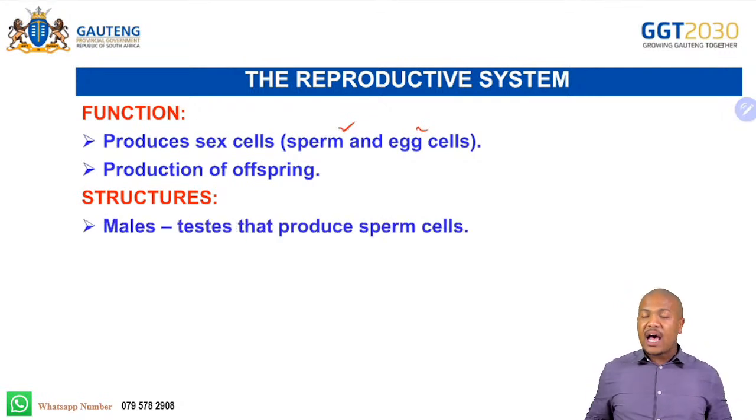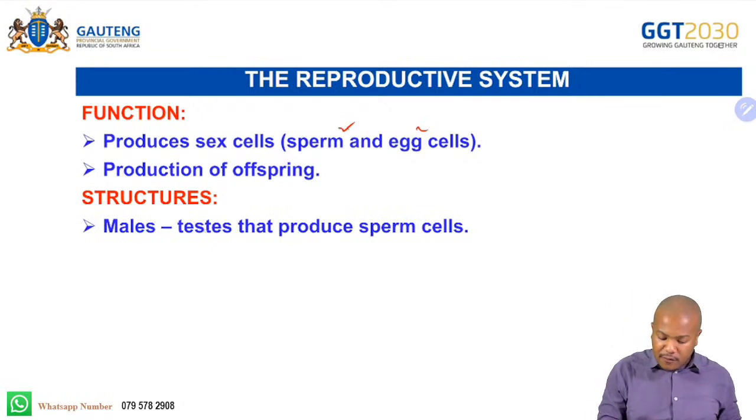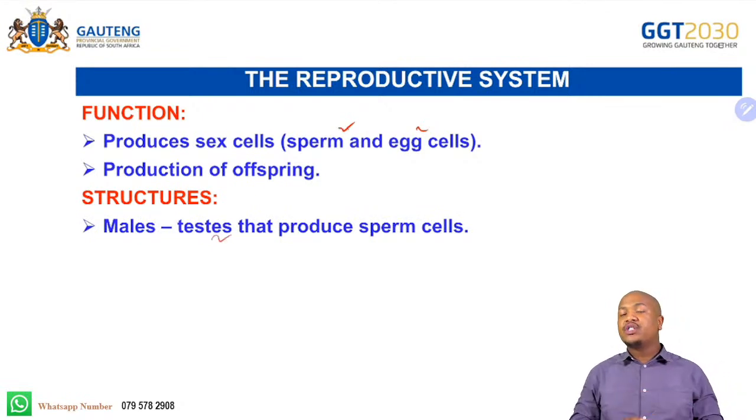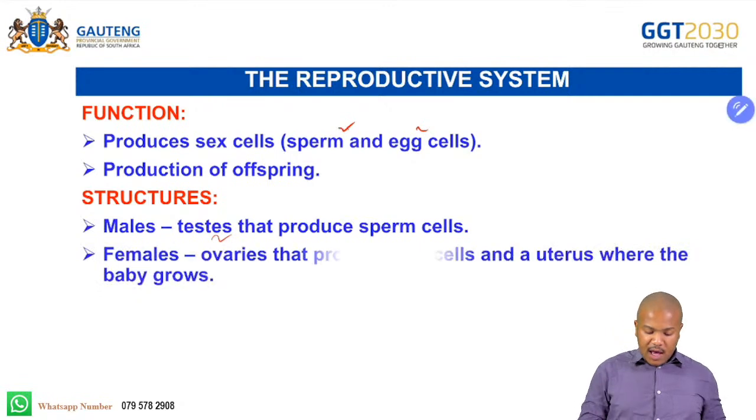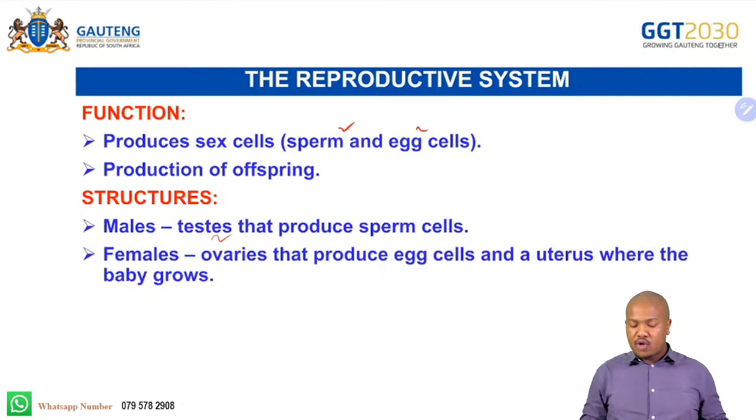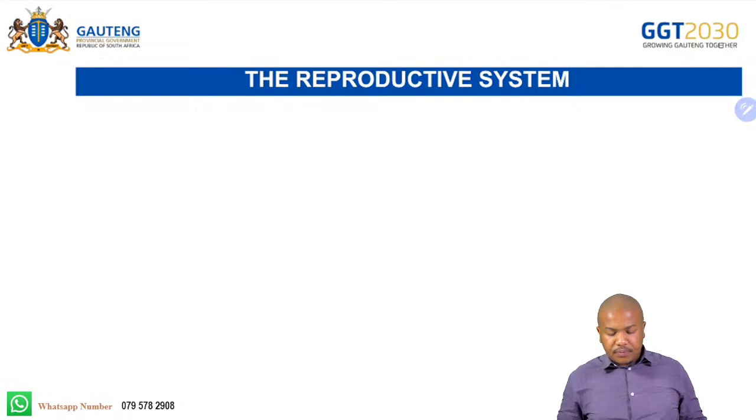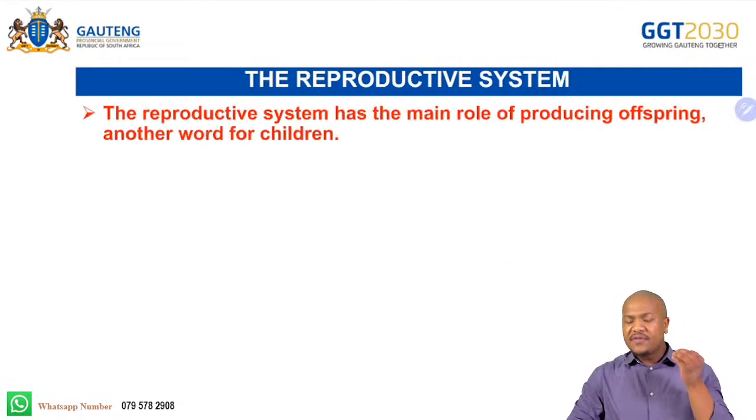So the structures are, for males, made up of testes, which produce sperm cells. For females, it is the ovaries that produce egg cells and the uterus where the baby grows or is nurtured during the gestation or pregnancy period, right? So the reproductive system has the main role of producing offspring.